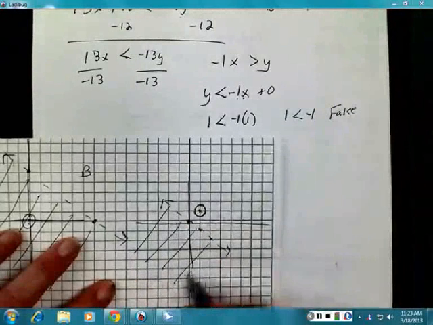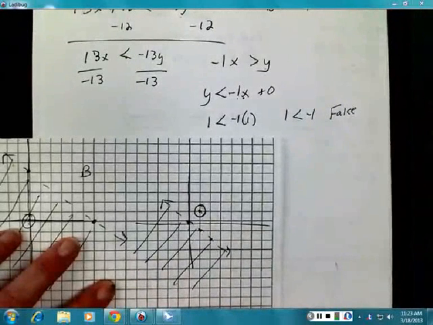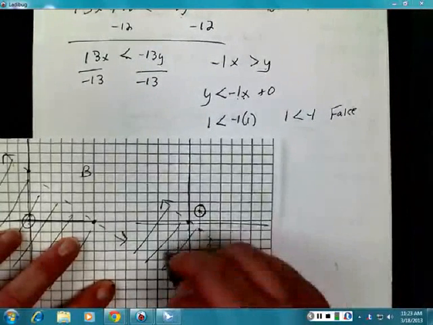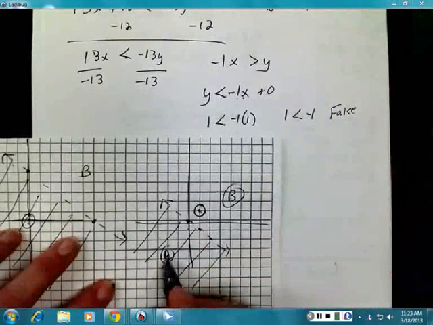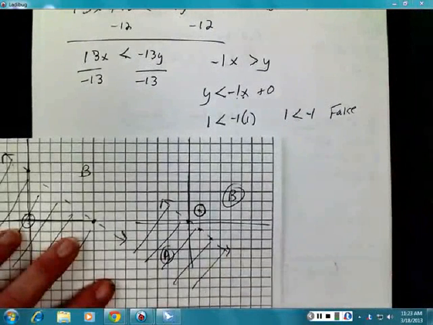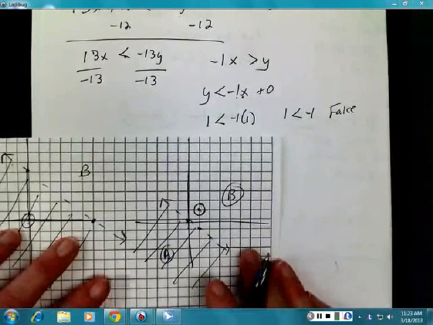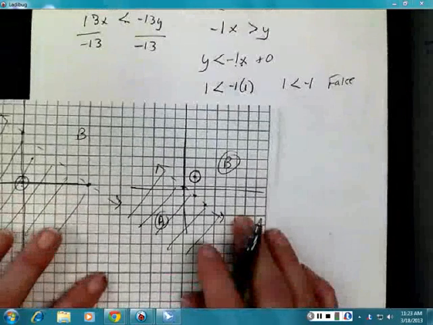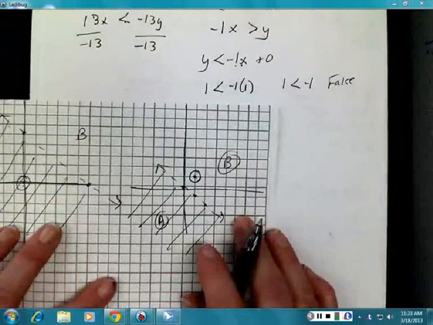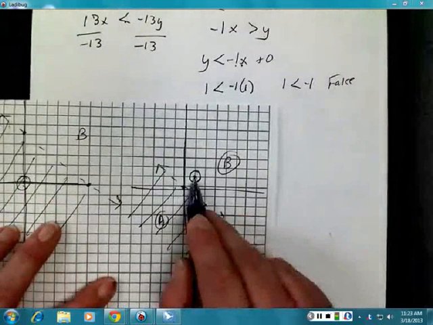And since it's false, I do not want to shade where that's at. I want to shade the opposite side. Again, if we label this as A and B, you would pick side A to shade. Yes or no? The shading part is still getting us.